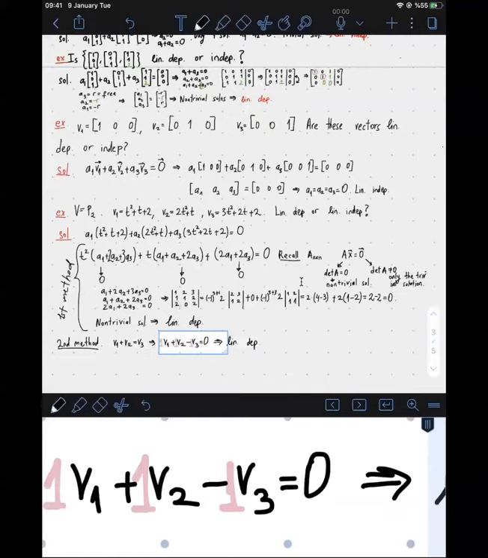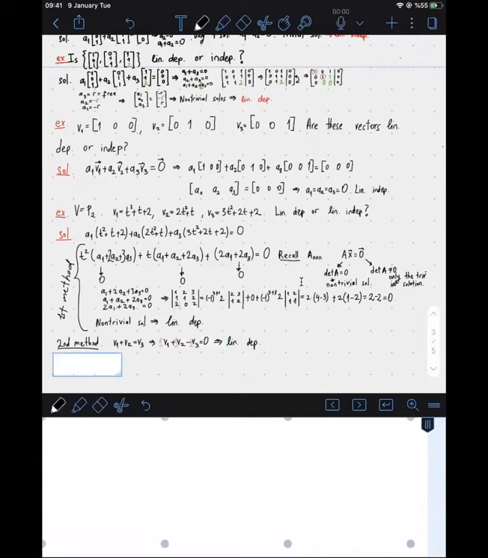In this case, V3 is a combination of V1 and V2. So even if we throw away V3, it gives us the same span, okay? And of course, V1 is also a linear combination of V2 and V3, so we can as well throw away V1 and we still get the same span, okay?